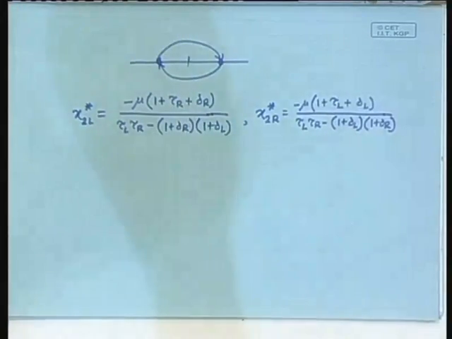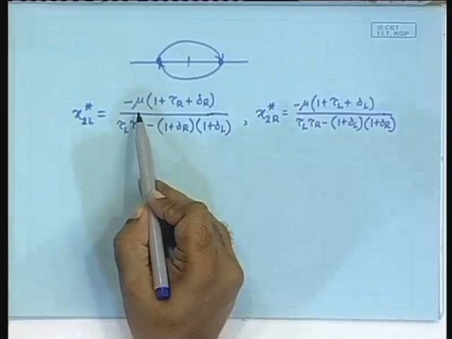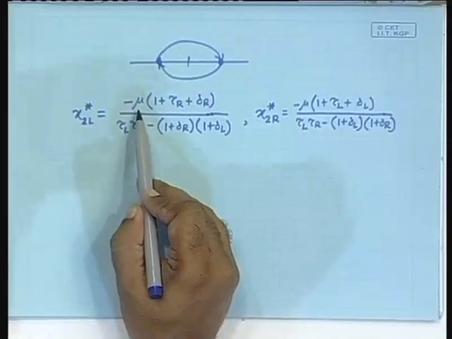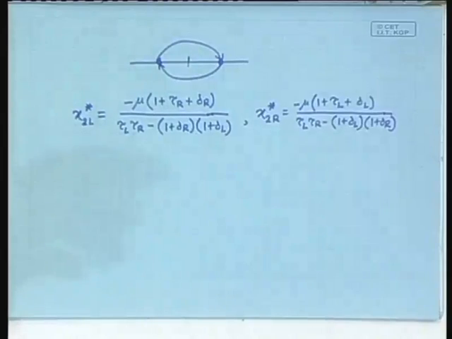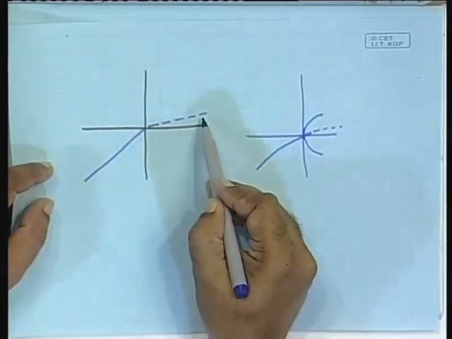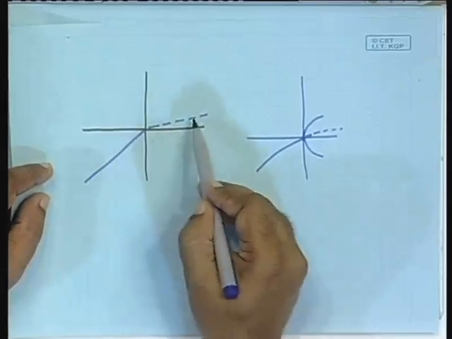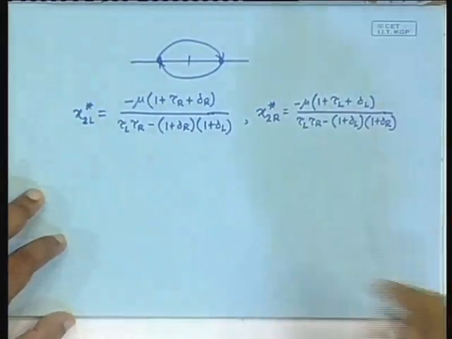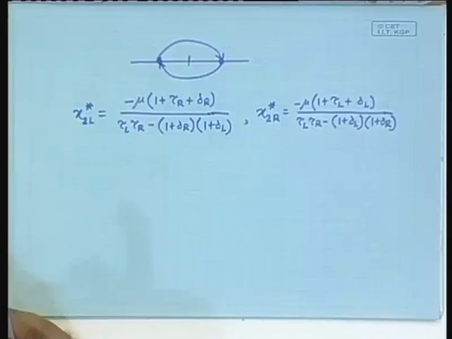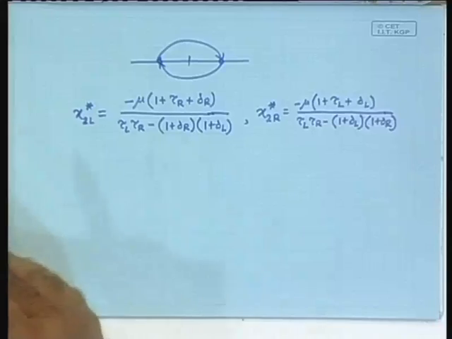Here, mu, let us first consider mu. I am now considering mu to be positive. If mu is positive, then the existence will depend on this, and I am considering the situation where is my parameter space?